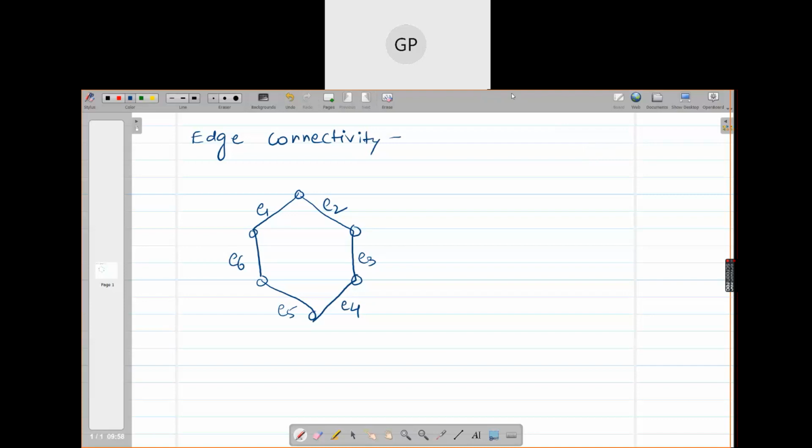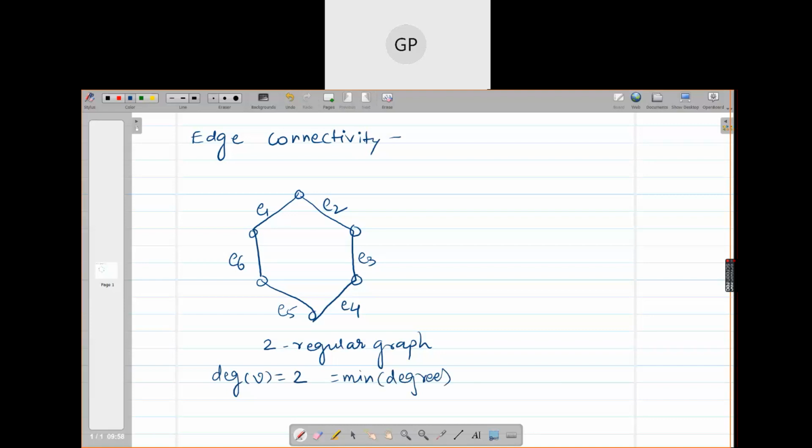Yes, two. Which two edges? Any two, because I have considered a two regular graph, and the degree of every vertex is 2. And that is equal to the minimum degree, right? What is the minimum degree in the graph?